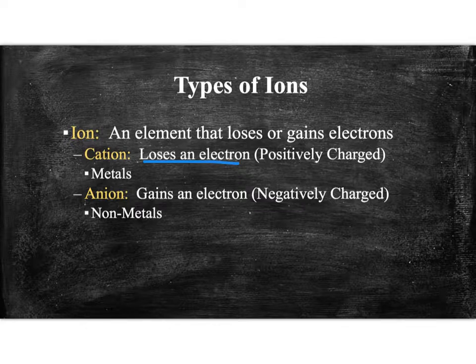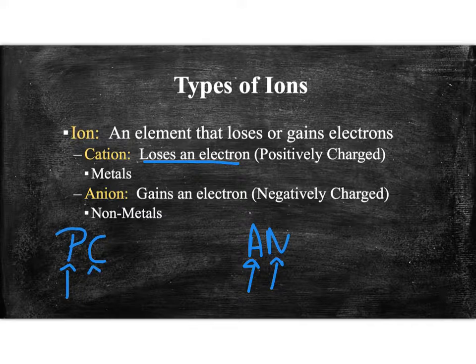A good way to help you remember this, you can just remember PCAN: positive, cation, anion, negative. That works for me. I hope that works for you too, to help you remember that cations are positive and anions are negative.